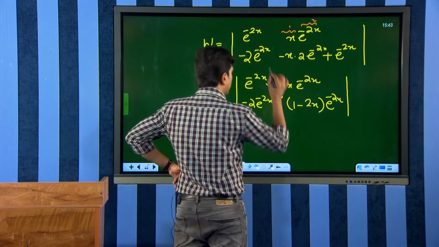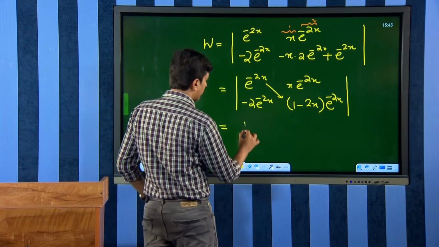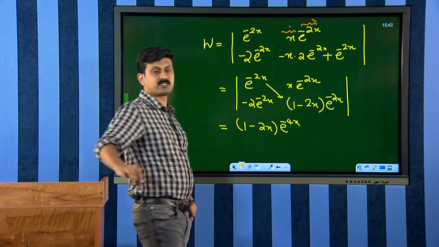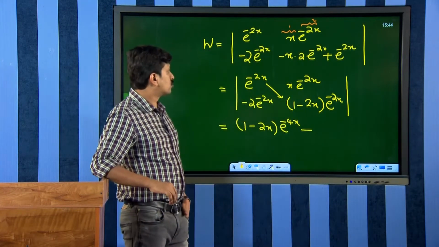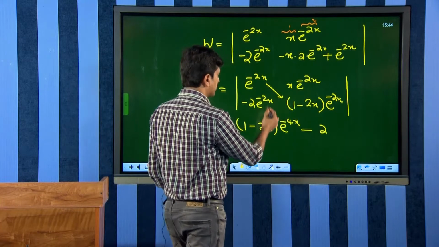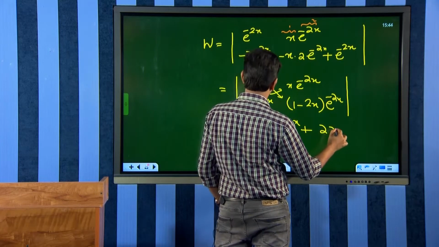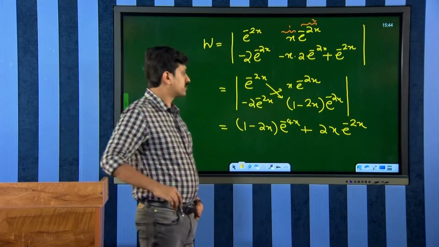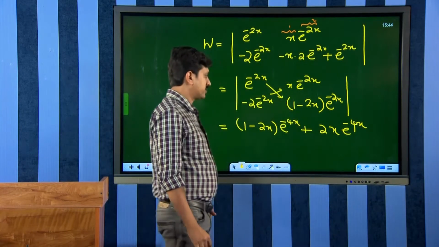The Wronskian is e^(-2x) into (1 - 2x), that is equal to (1 - 2x) e^(-2x) into e^(-2x), that means e^(-4x) minus 2 into x into -2 into, again the negative sign is there, therefore plus 2x e^(-2x) into e^(-2x), therefore e^(-4x).